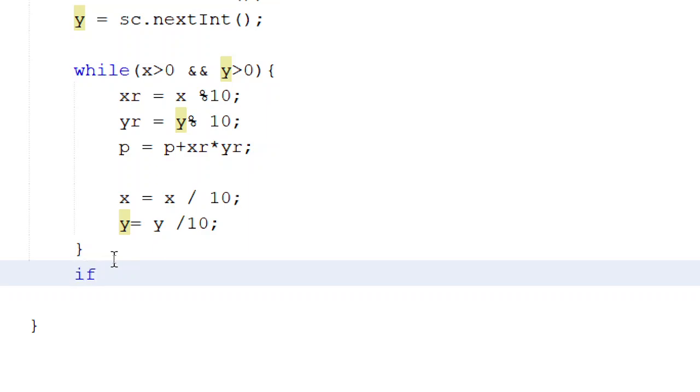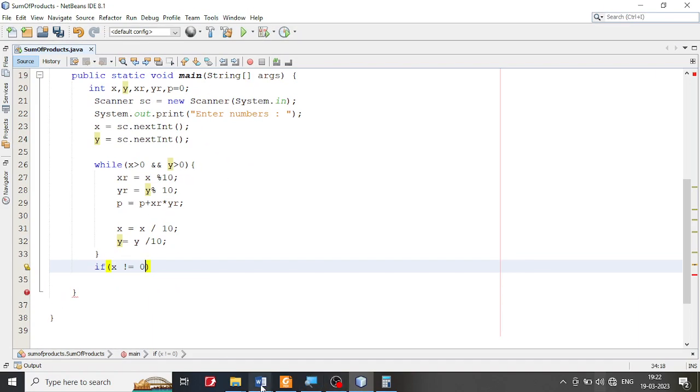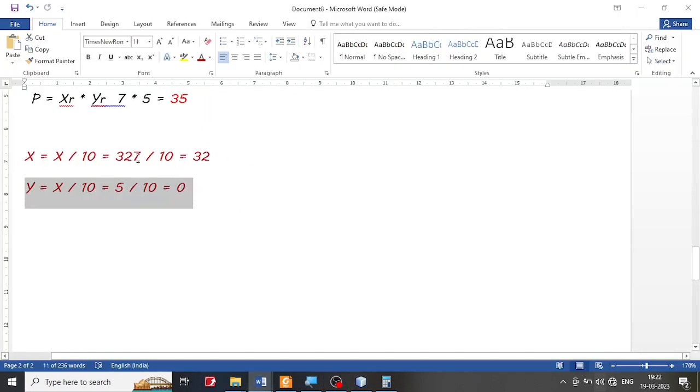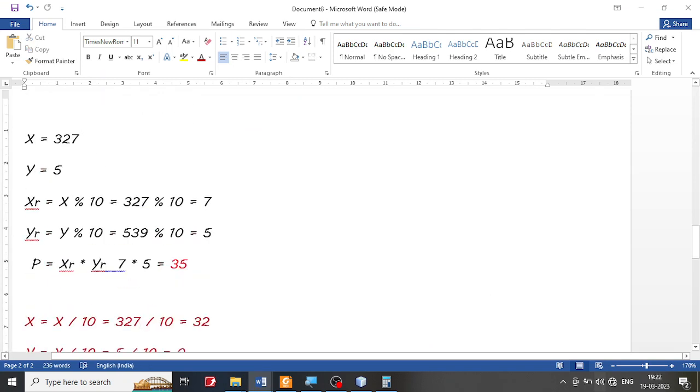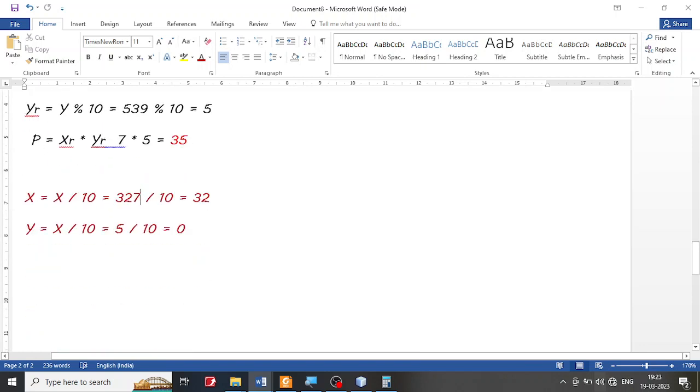So when we come out of this while loop, we need to check whether both of them are 0. So if x is not 0, in this case, if you look at the last one that I have shown here, this has 3 digits, but this has 1 digit. In this case, y becomes 0 faster, but x is not 0.